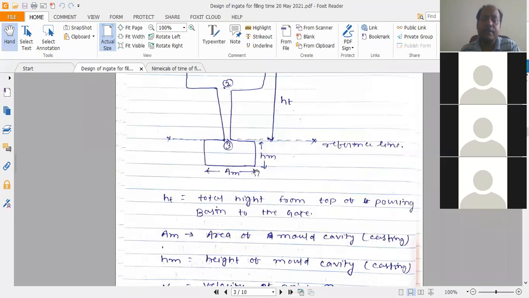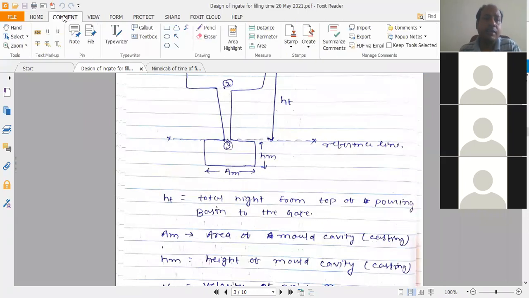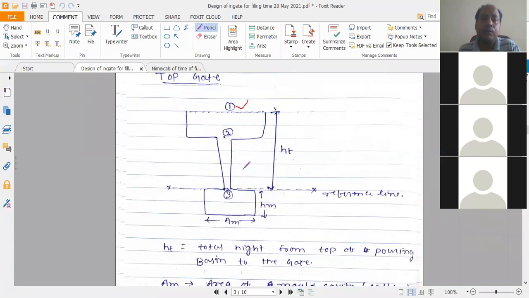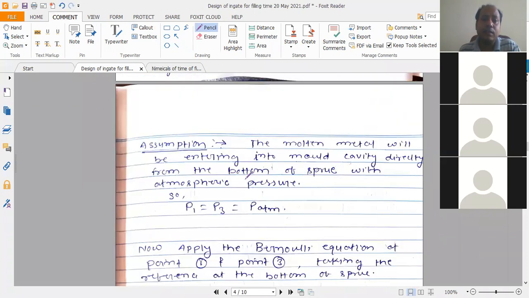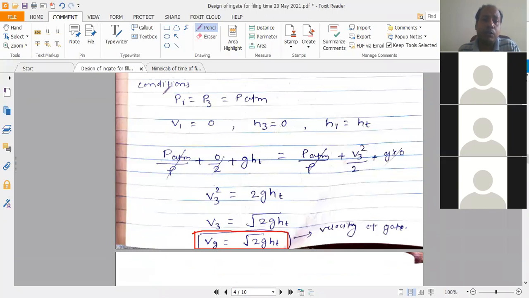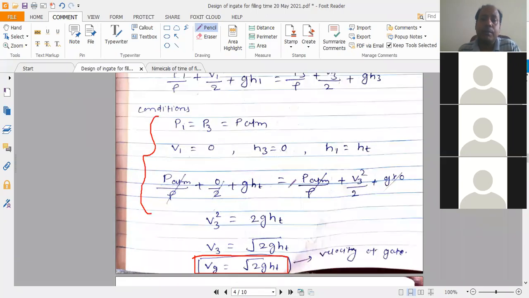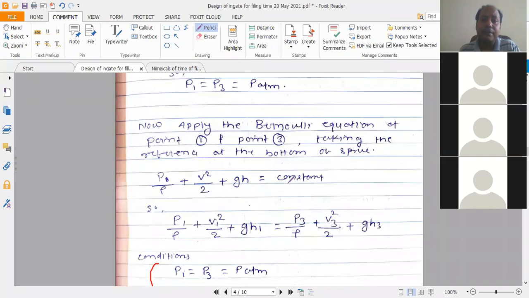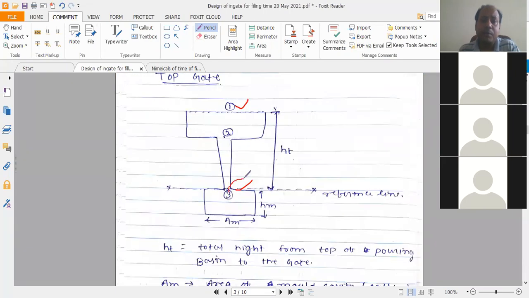This is the top gate we have seen, and we applied the Bernoulli equation from point 1 to 3, and the velocity at the gate is root under 2gh. If you forget the Bernoulli equation, you have to remember that the velocity at point 3 is always root under 2gh.